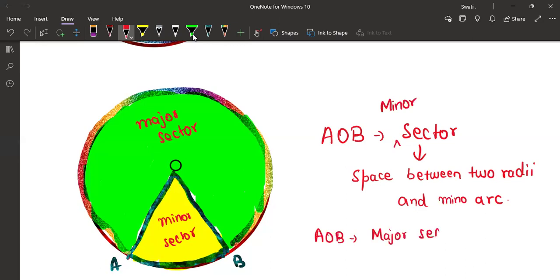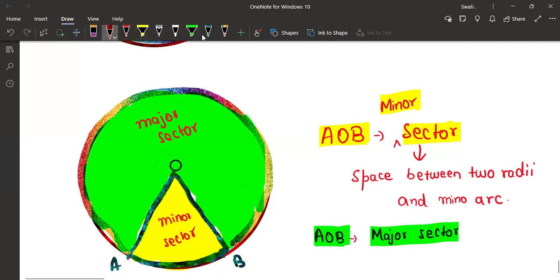What is the major sector? The major sector is, of course, the green part. So I'm coloring this with the green, and the minor is the yellow one. Yes, this is the minor sector, and this is the major sector. What will the major sector be?